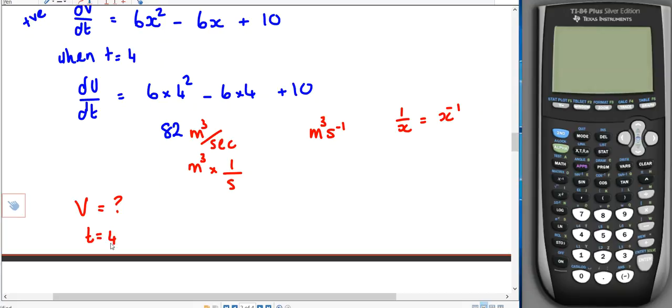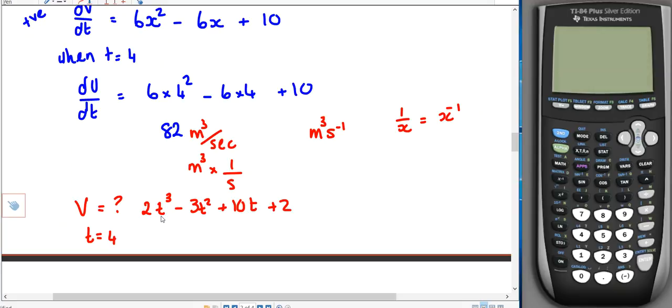It's just simple, there's nothing tricky about it. I know that it's 2t cubed minus 3t squared plus 10t plus 2, back to the initial one, and I just put t as 4 this time. It's just another way of asking the same question.